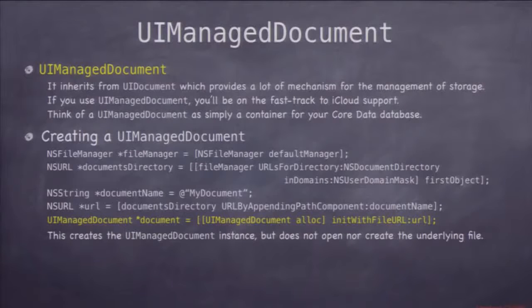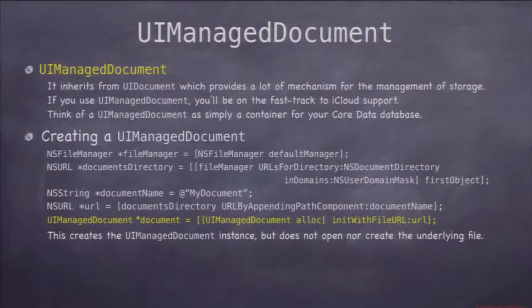We haven't accessed the file system at all in anything we've ever done. We do this with this class NSFileManager. I'm not really going to cover that this week. Suffice it to say, the file manager can give you the URL of the documents directory for the user. That's what the second line of code there is. And then you can just append whatever you want the name of your document to be, like myDocument or Flickr database or whatever you would want to call it. This is going to be the URL where it's going to put that Core Data database for you.